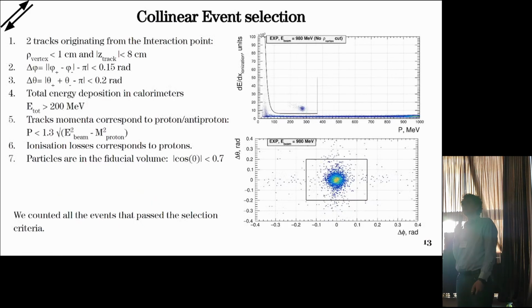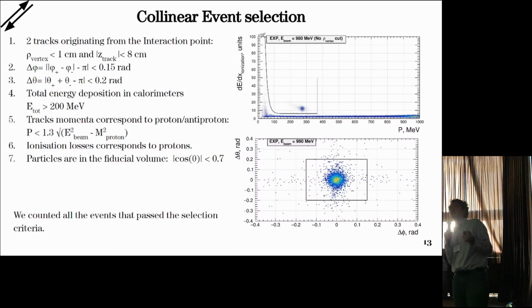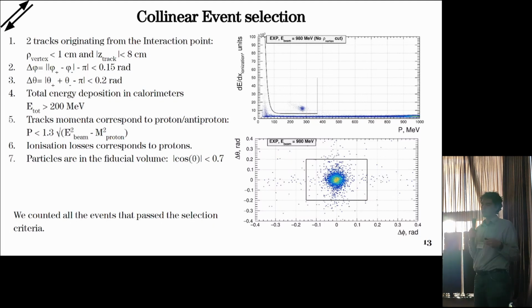To start, I shall start with event selection. We select events with two tracks originated from the interaction point that were reconstructed with good quality.